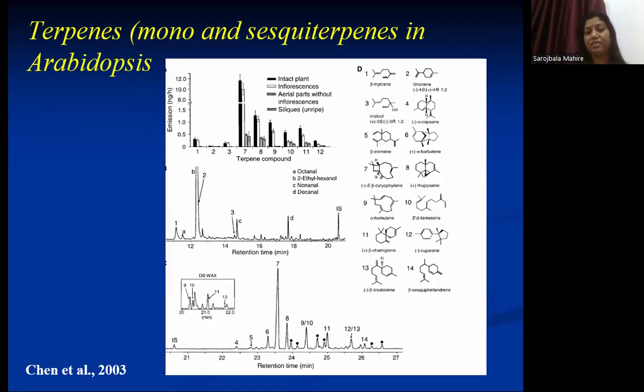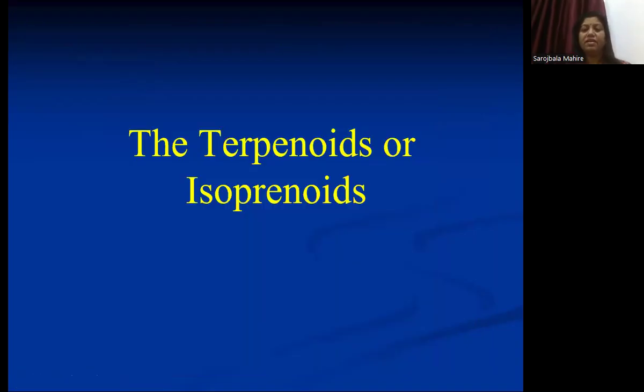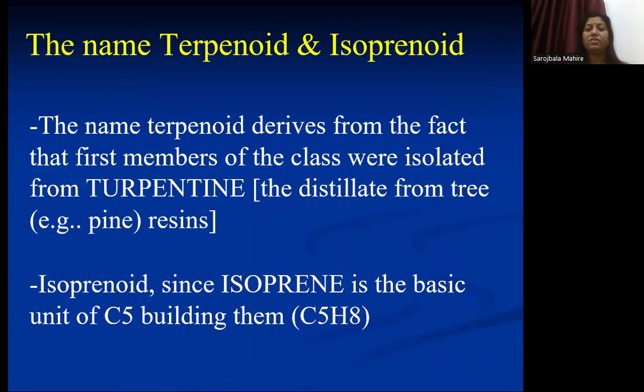Here are examples of monoterpenoids and sesquiterpenoids. Expression pattern of the terpene species. Terpenoids are isoprenoids.